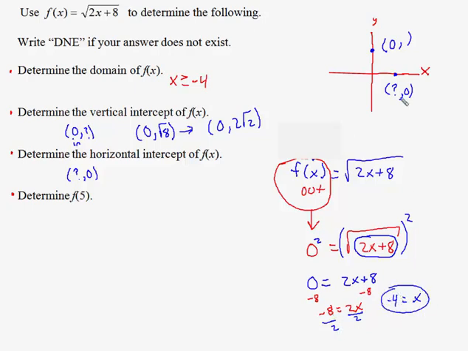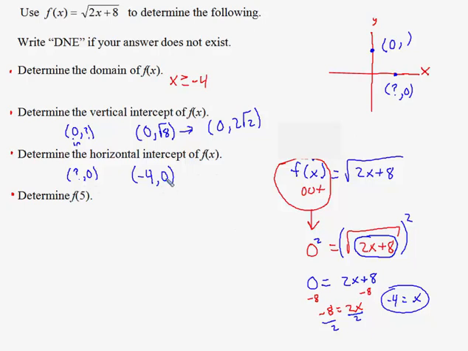So remember how I said I didn't know where to label it? It turns out that the actual intercept is negative, so it would be over here if you were using it to help a graph. So I have that the horizontal intercept is the point negative 4, 0. If you plug in negative 4, you will get an output of 0.